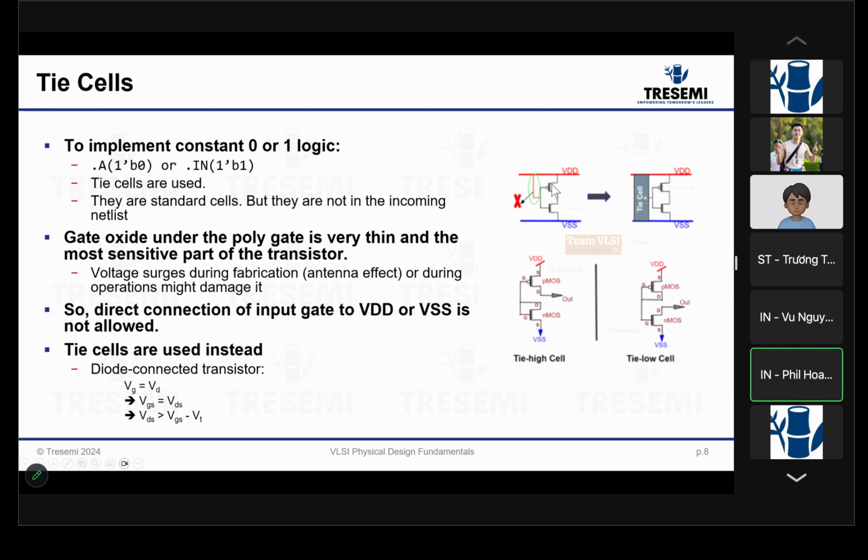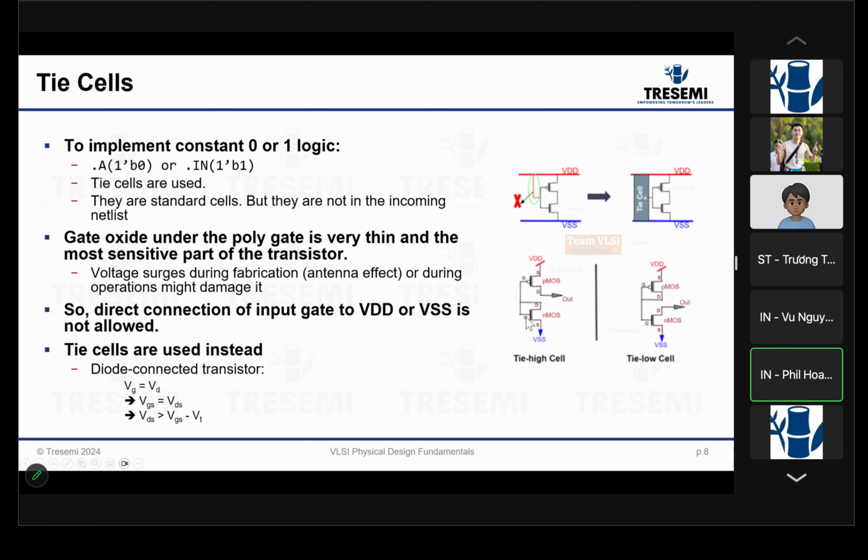The tie cells are created in such a way. This is a tie high, meaning that if you always need it to be one, it will be connected in what we call diode connected, where VD and VG are connected together. As you remember from transistor theory, here VDS equals VGS.